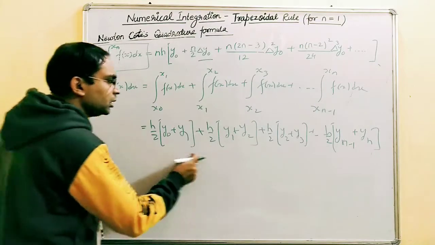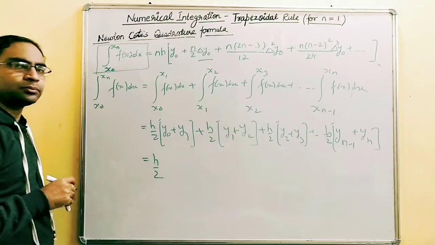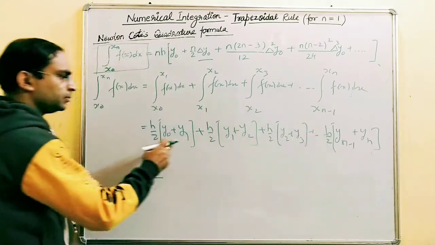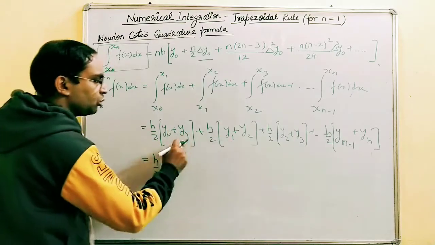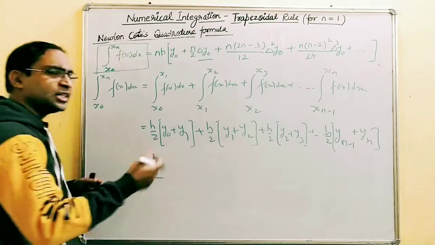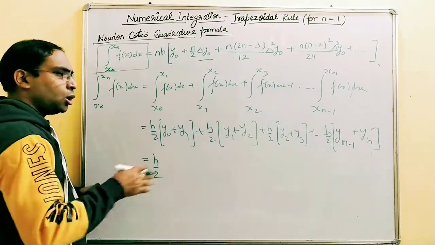Now we can see in all the terms h upon 2 we can take as a common term, and here we can see y0 is coming once, the rest, y1 coming twice, y2 coming twice, y3 will come twice, and so on. And the last term yn will come once, all the others will come twice.